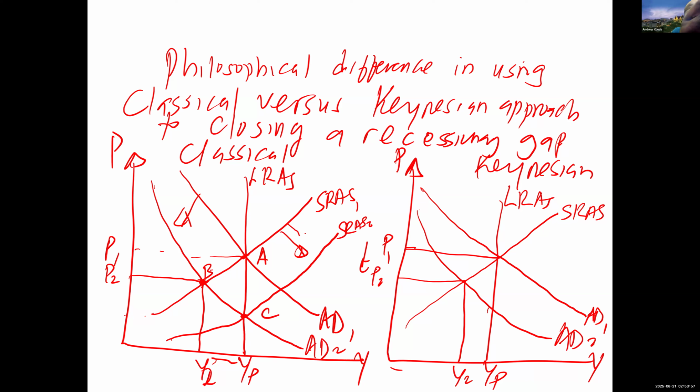So at point C, when the economy has corrected itself back to long-run equilibrium, prices are even lower, much lower. Prices fall further. But GDP is back to full employment. Meanwhile, using the Keynesian approach, you are at point A, and the economy was hit with a recession. What does John Maynard Keynes advocate for? He advocates for active government policy, either using fiscal policy, so Congress should either cut taxes or increase spending to close this recessionary gap.